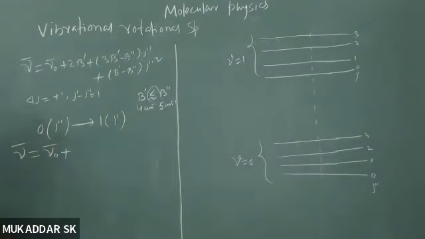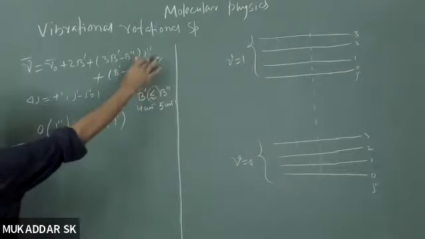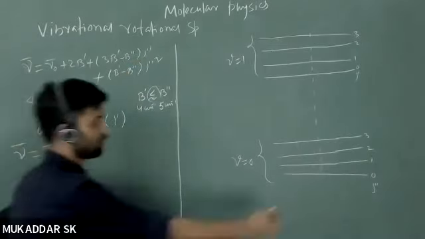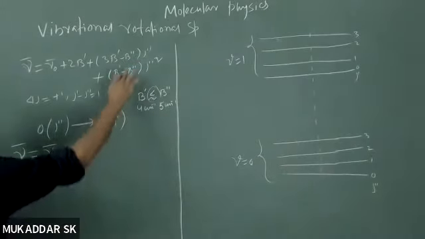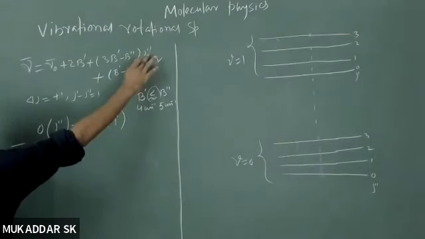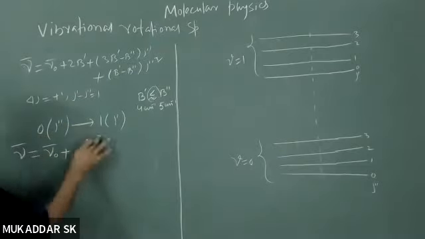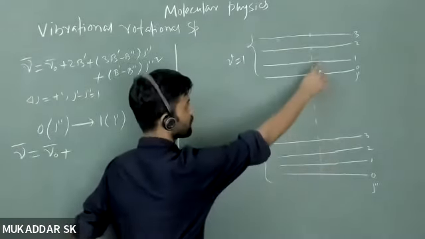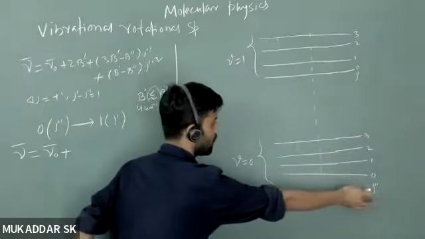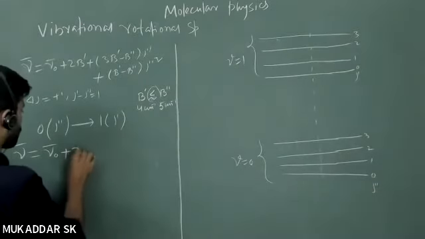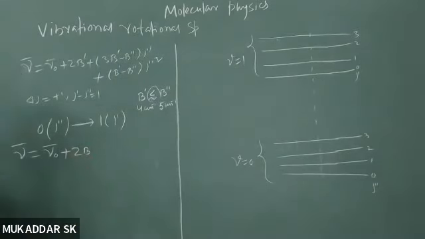Now what will be this number? Very simple, because J'' is 0 for the 0 to 1 transition, so the terms containing J'' will be 0. So obviously it will be 2B', yes, 2B'.